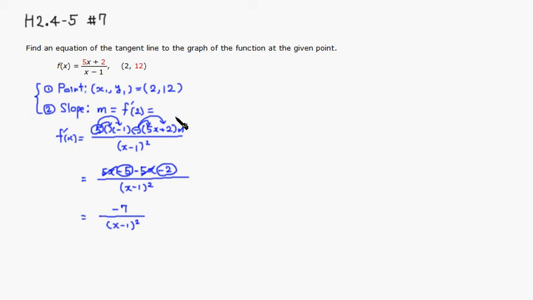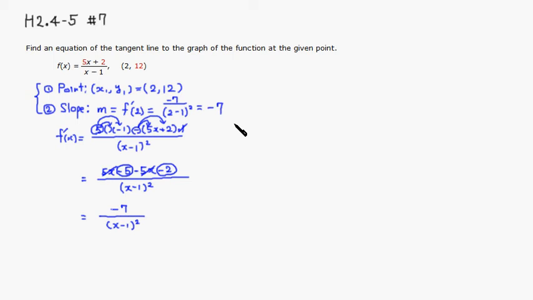The slope is going to be negative 7 over, plugging in 2 for x, 2 minus 1, then squared. It's just 1 squared, so it's 1. So negative 7 over 1 is negative 7.